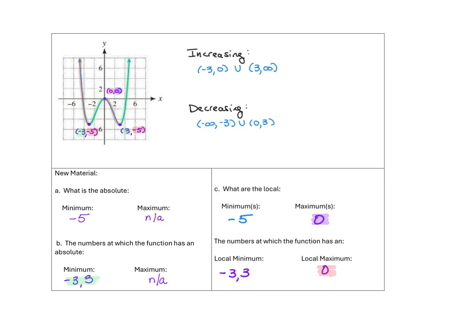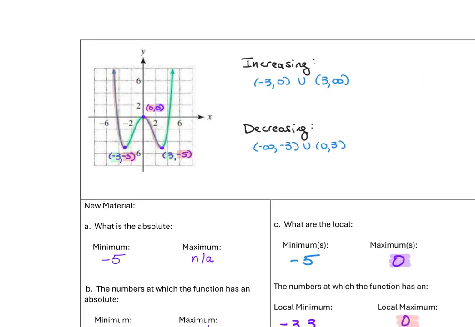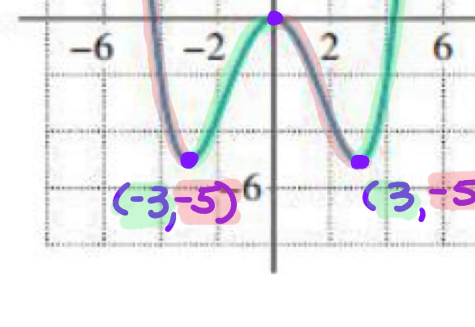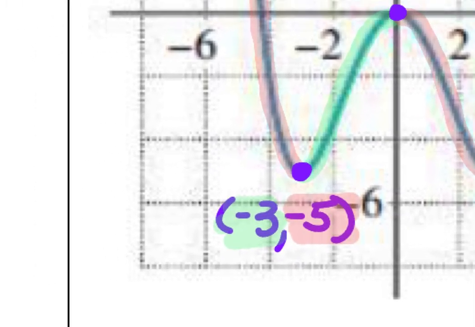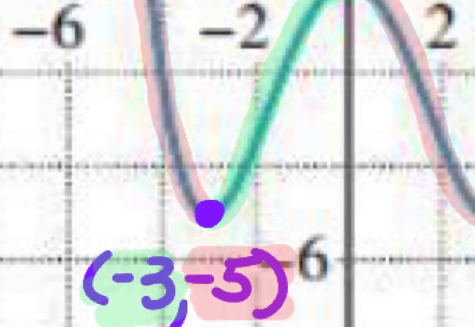Again, when we talk about these points, we want to think about zooming in. And so, for instance, if I zoom in on my picture, we have a minimum right here. We're going down, we're going back up, and that is our minimum. It is going to be local, and we did see that it was global.